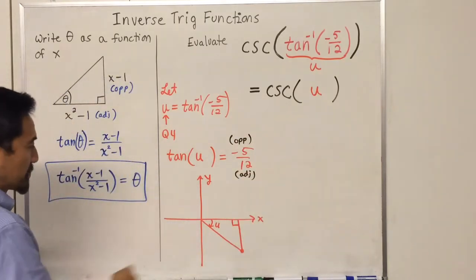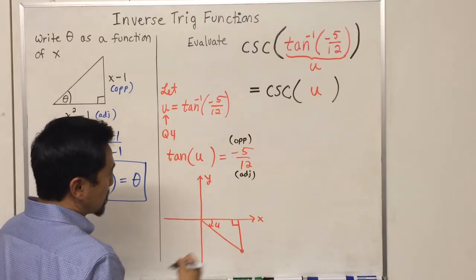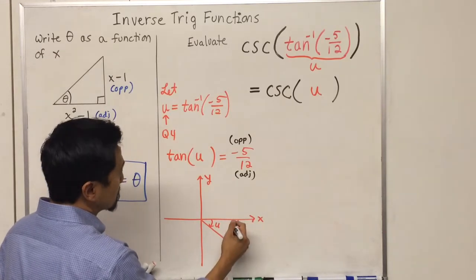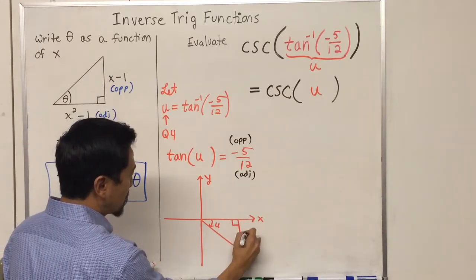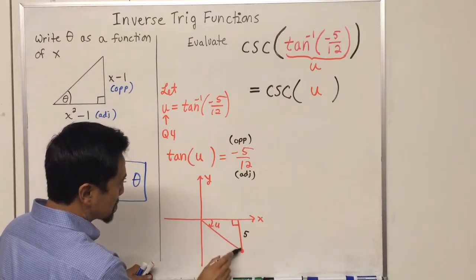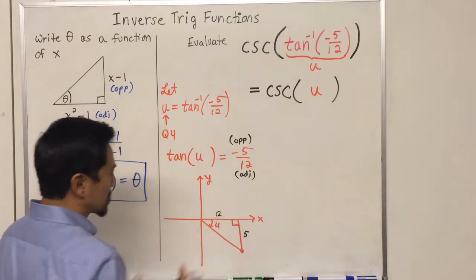So that means that if this is my angle u in quadrant 4, then this side of the triangle would be 5. So this side of the triangle is 5 units long, and this adjacent side is 12 units long.